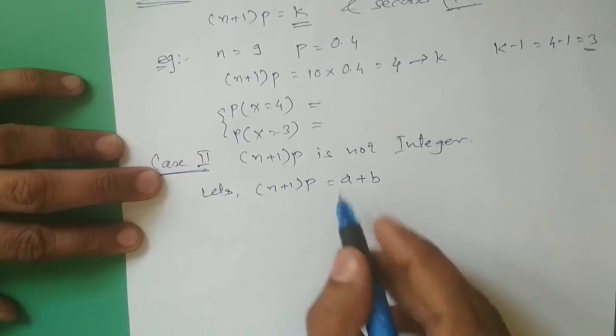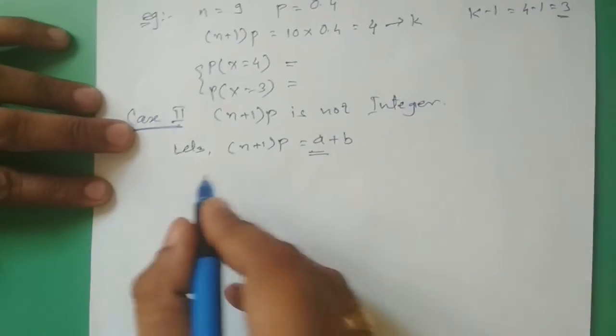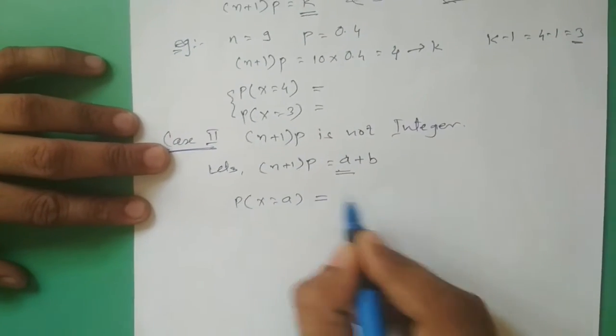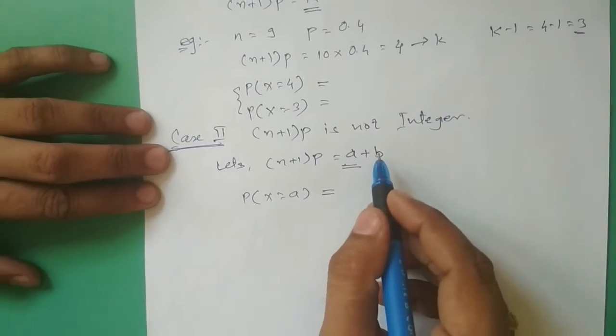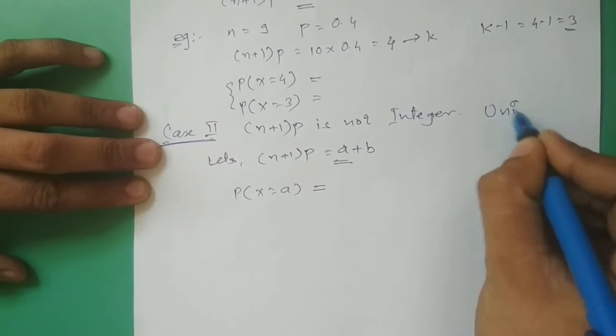In this case you will get a mode, or maximum probability, only at the integral part. So when P(X = a), you will get a maximum probability. So you can say that it's unimodal.